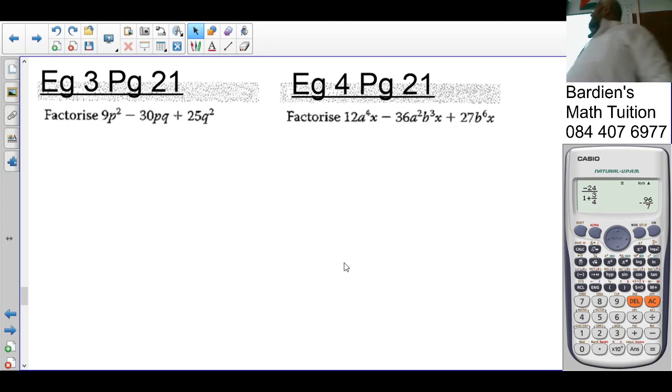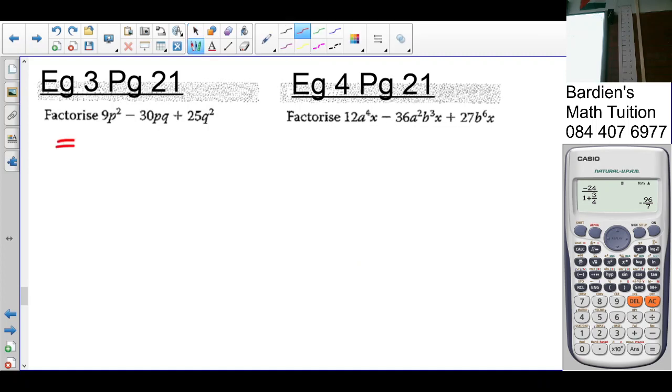So what is the square root of 9p squared? 3p. What's the square root of 25q squared? 5q. Sign in the middle? Minus. What's 3p times 5q times 2? Negative 30pq, which is the case. So that one is correct.